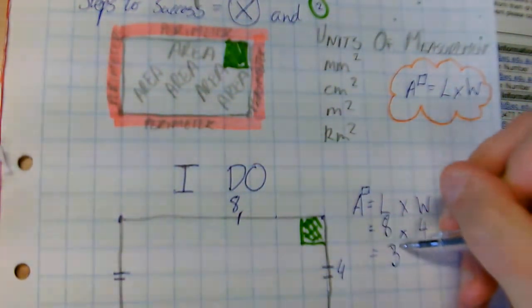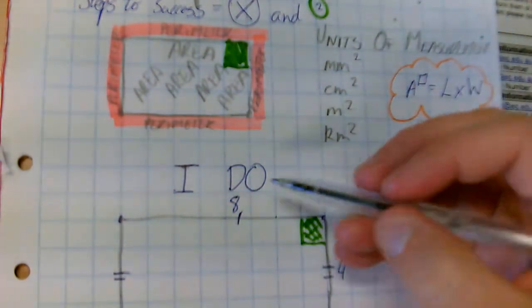So instead of having 8 groups of 5, we're just going to drop it down to 8 groups of 4. So 8 times 4, we take 8 away from 40, and we get 32.